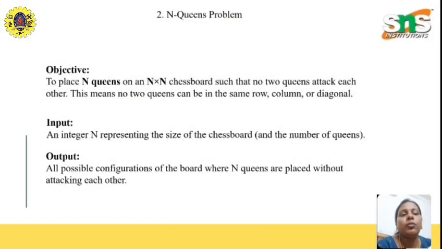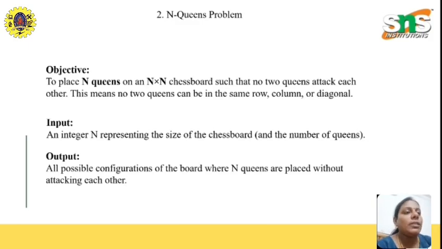The objective of the N Queens problem is to place N queens in an N by N matrix, which means either a 2 by 2, 3 by 3, or 4 by 4 matrix. In that matrix we can keep some same elements, either 2, 3 or 4.